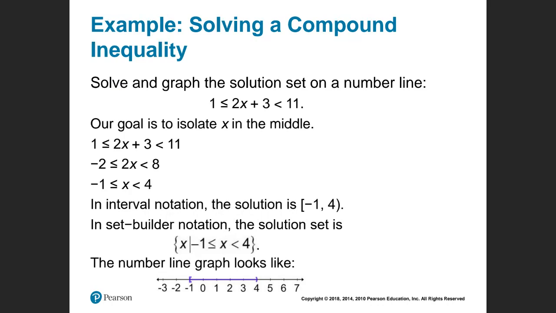Now, next one. Solve and graph the solution set on a number line. 1 less than or equal to 2x plus 3 less than 11. So our goal is to isolate x in the middle. I need x by itself like this.